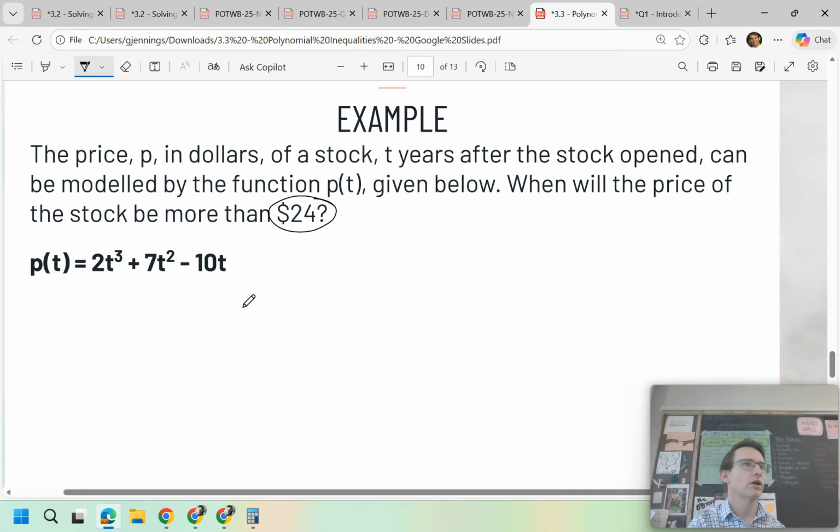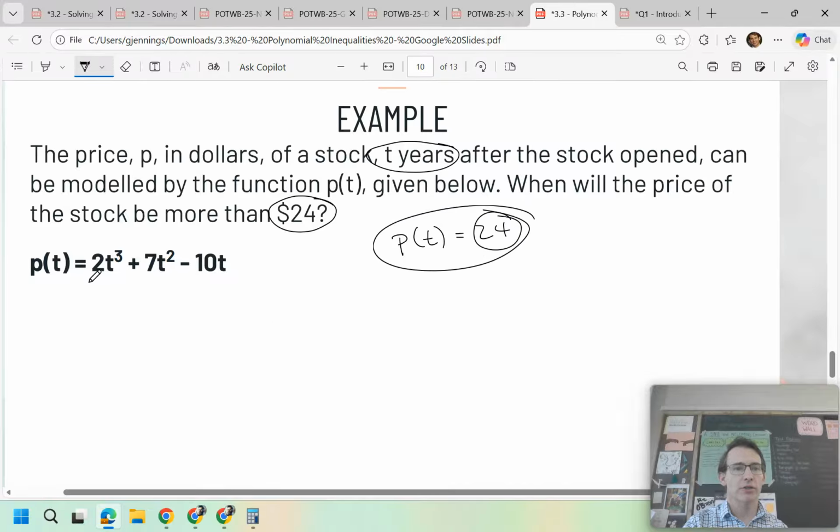You plug it into t. Is that a value of time? You plug it into P. It's P of t. So we know that the price of this stock at some time is equal to $24. Okay? So this is our starting equation. We also know that the price of the stock is equal to this.